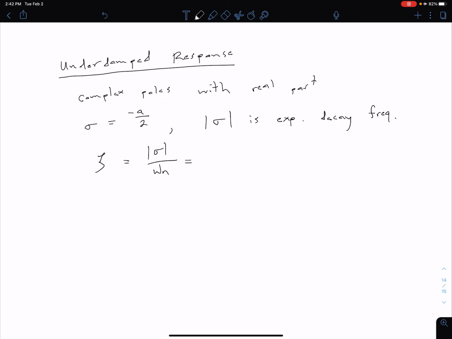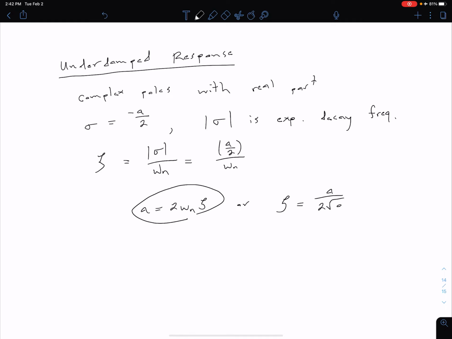Subbing in for the magnitude of sigma, we know that's a over 2, so we've lost the negative sign because we took the magnitude, and we still have divided by omega n. Putting all of that together, we have that a is equal to 2 omega n times zeta, or alternatively, zeta is equal to a divided by 2 times the square root of b. So now we can relate our a and b to our omega sub n and our zeta.